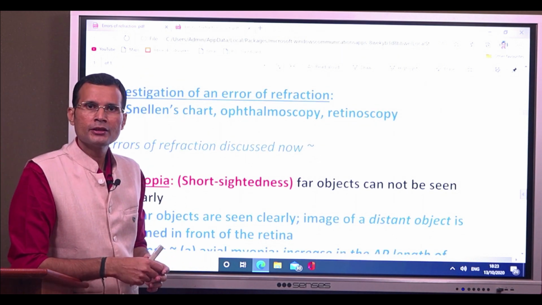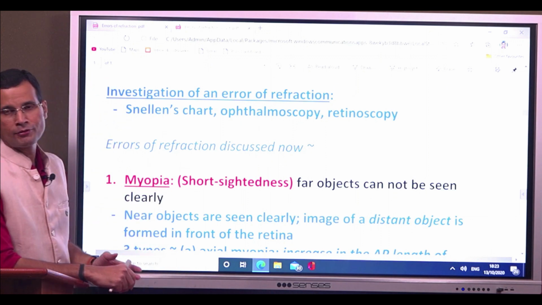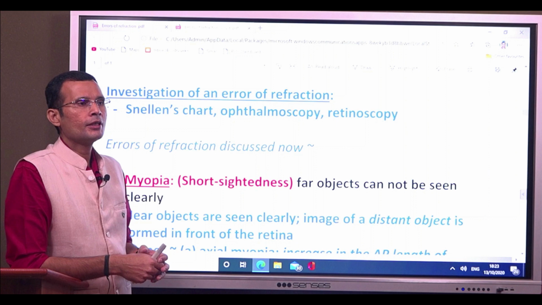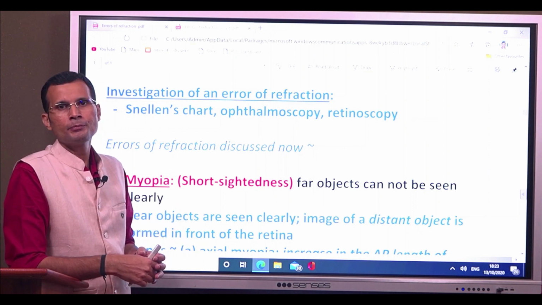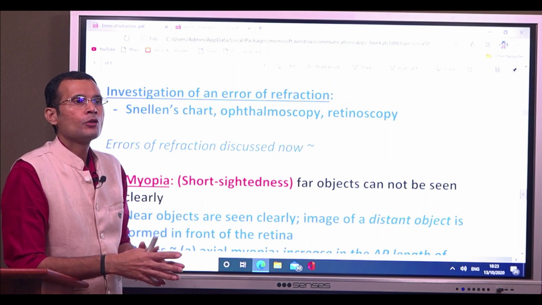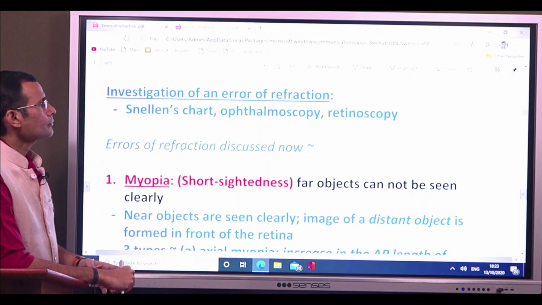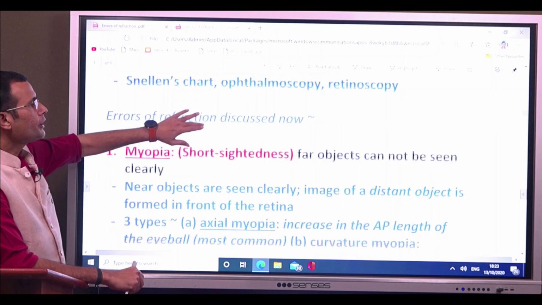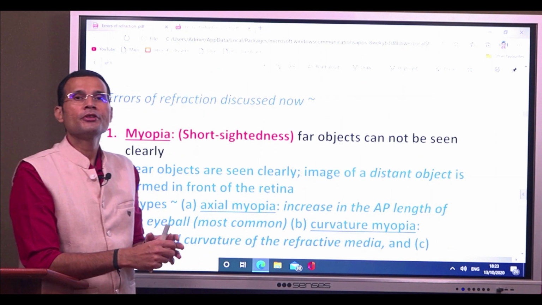Well, there are various methods in ophthalmology. Snellen's chart is one, of course. Most of you must have encountered the Snellen's chart. There is one video which I have uploaded, how to read the Snellen's chart, or rather what is the basis of Snellen's chart. Then ophthalmoscopy, retinoscopy are some of the elite type of investigations.